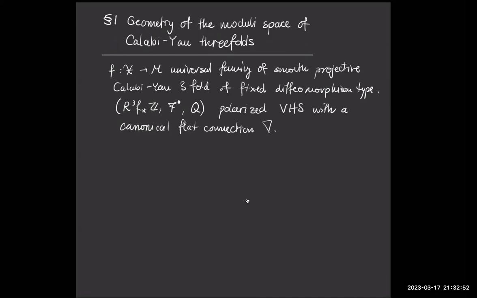And of course, since it's Calabi Yau, if we look at the highest part in the Hodge filtration, we get a line bundle, which is known as the Hodge bundle.